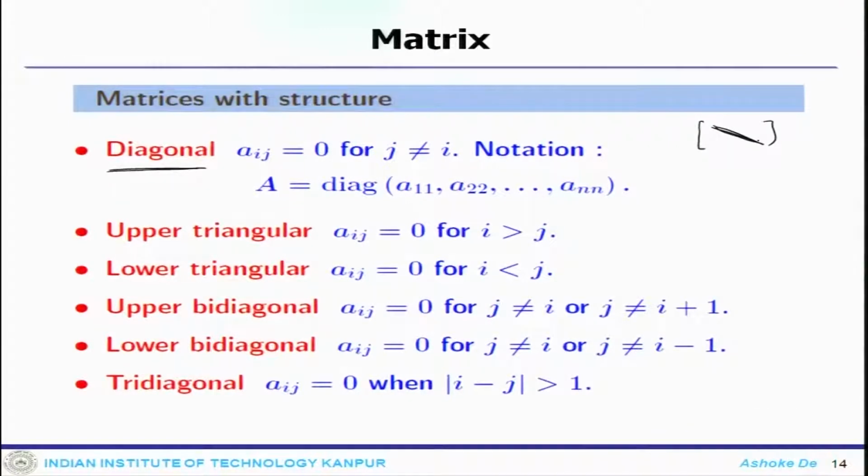These are the diagonal elements, anything upper is the upper diagonal, and anything lower is the lower diagonal. If you only consider the upper half of the matrix, this is called the upper triangular matrix.